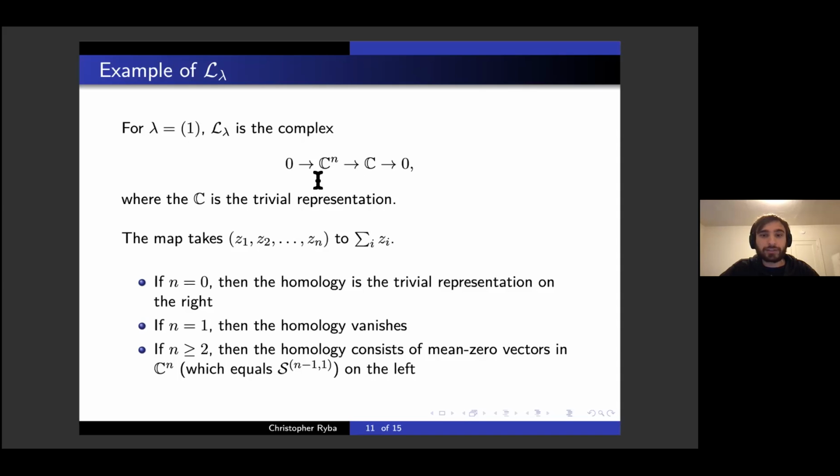And then the final case is everything else. When n is at least 2, this map will be surjective, but there will be some kernel on the left. That kernel is going to be vectors of mean 0, which again, you can observe are going to be a sub-representation for the symmetric group. Because if the sum of the coefficients is 0, then reordering those coefficients will still give me something with sum 0. And in fact, it turns out to be irreducible.